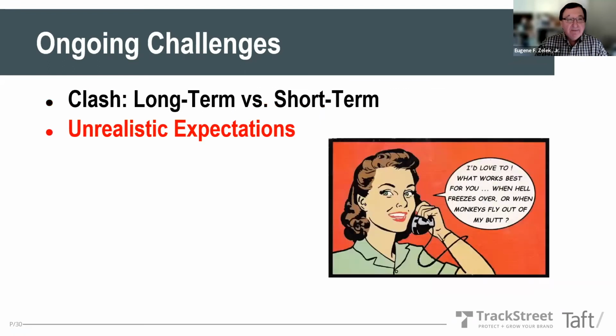Next. Consistent with that are unrealistic expectations, that somehow this is going to solve all our problems. Well, in a lot of cases, while the problem manifests itself in an eroded price, it's really a distribution issue or a channel issue. There may be too many people selling the product or the wrong people selling the product. So keeping expectations realistic is important. Next.